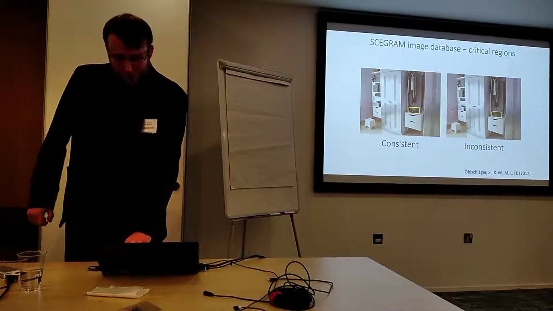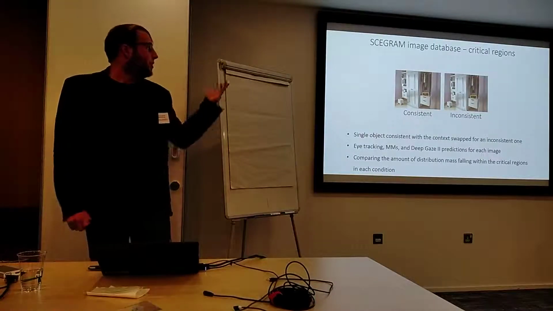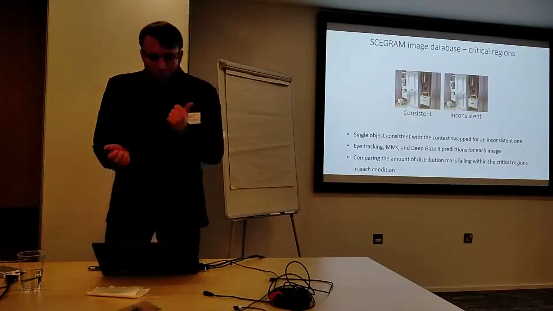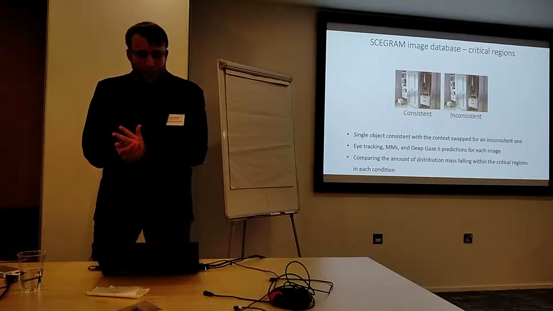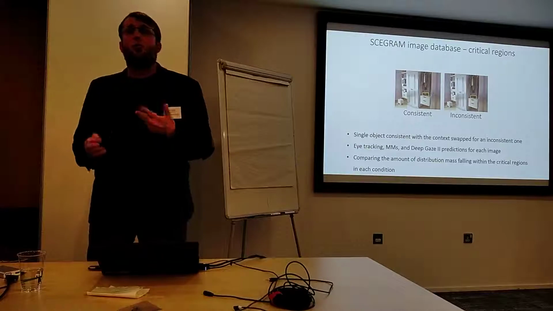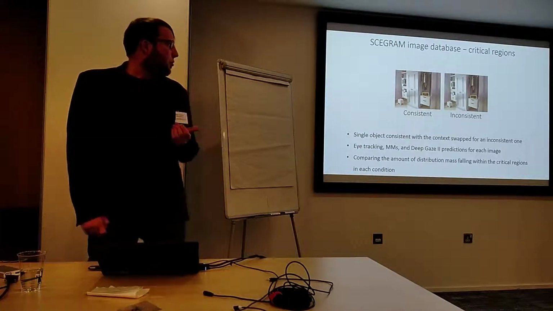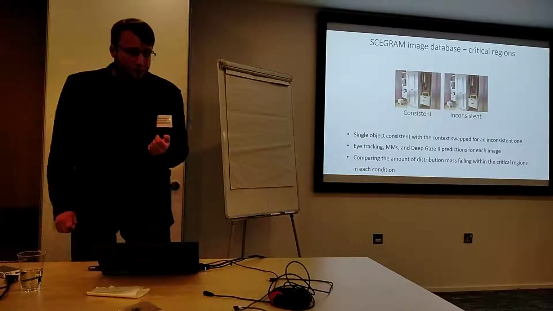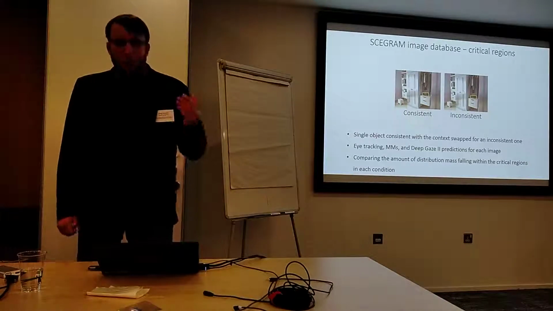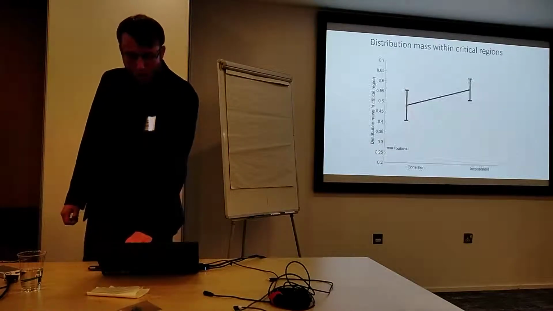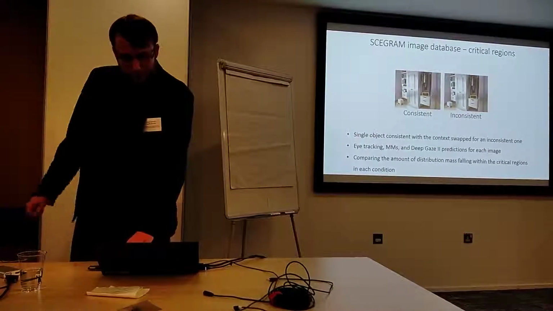Okay, so how do we analyze the data? We collected, again, eye tracking data, DeepGaze 2 predictions and meaning maps data for these images, and if we want to compare the results from all three, we quantify how much distribution mass falls within the critical regions, by which I mean the regions outlined in yellow.